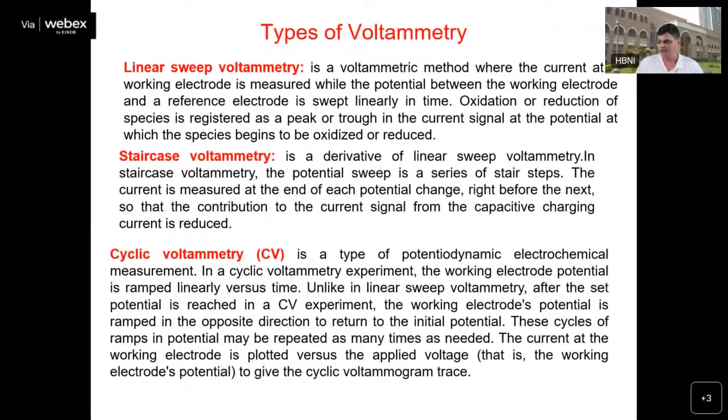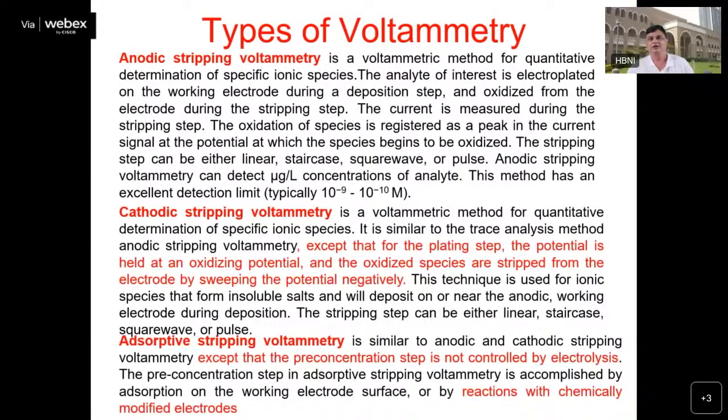These are the various types of voltammetry techniques, and all the details are there; you can go through them whenever you have time: linear sweep voltammetry, staircase voltammetry, cyclic voltammetry, anodic stripping voltammetry, cathodic stripping voltammetry, and adsorptive stripping voltammetry.